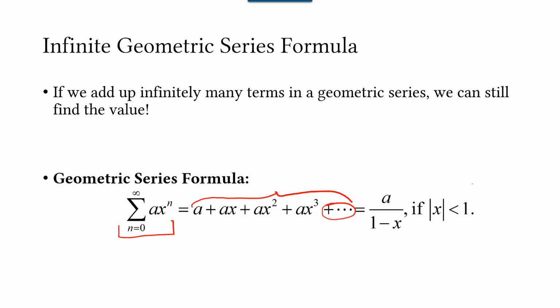Now the result of the formula is that even though I'm adding up infinitely many terms, I know that the value will end up being a over 1 minus x, but it only works if the absolute value of x is less than 1. Otherwise, the series is going to diverge and it won't have a sum. We'll get a little bit of practice in the following examples of using the infinite geometric series formula as well.